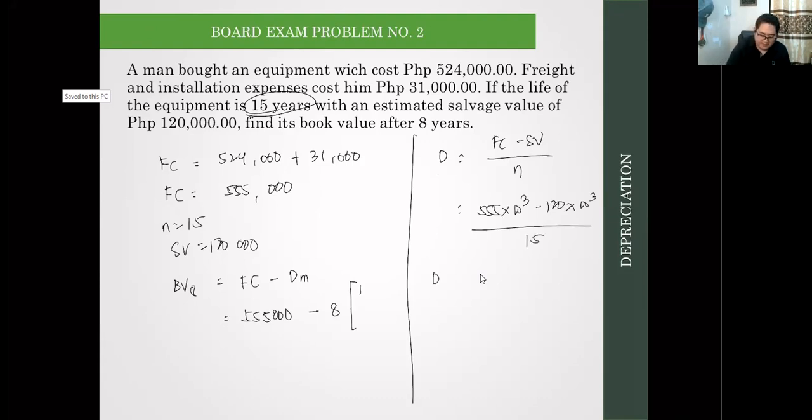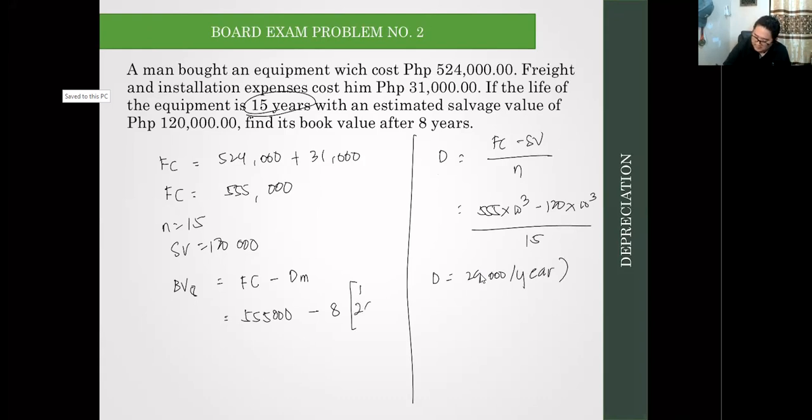So yung depreciation natin per year will be by 15, that is 29,000 per year. Okay, so 29,000 per year.